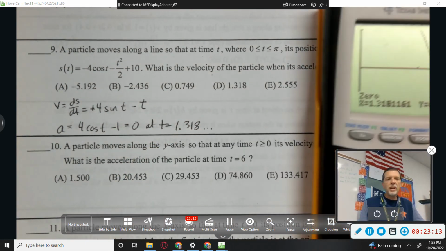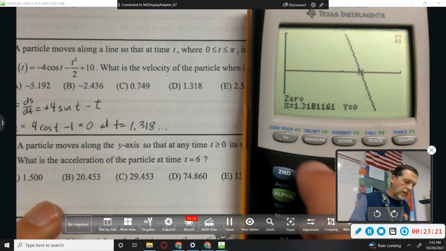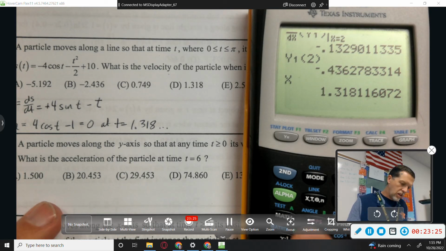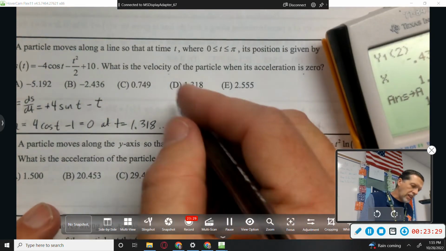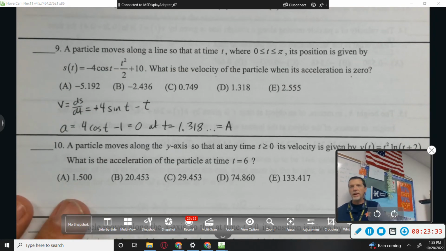Yeah, but I know I'm peeking ahead. I'm going to need to use that because I want the velocity at 1.318. So let me save that before I lose it. So store that as A, and now I can just use A in my problem the rest of the way.